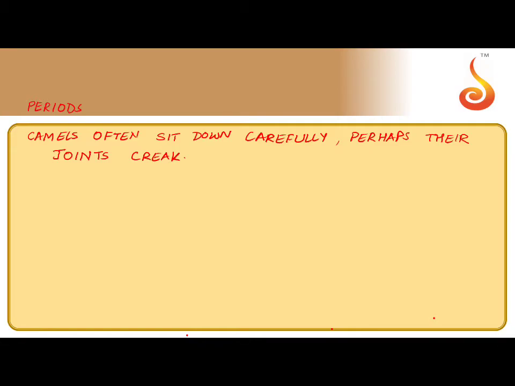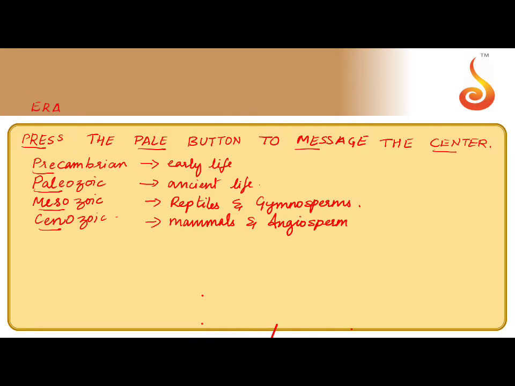So, in this what we will be taking more important as cam from camel, O from often and S from sit, D from down, car from carefully, per from perhaps, T from their, J from joints and cree from creaks. So, lots to remember here.